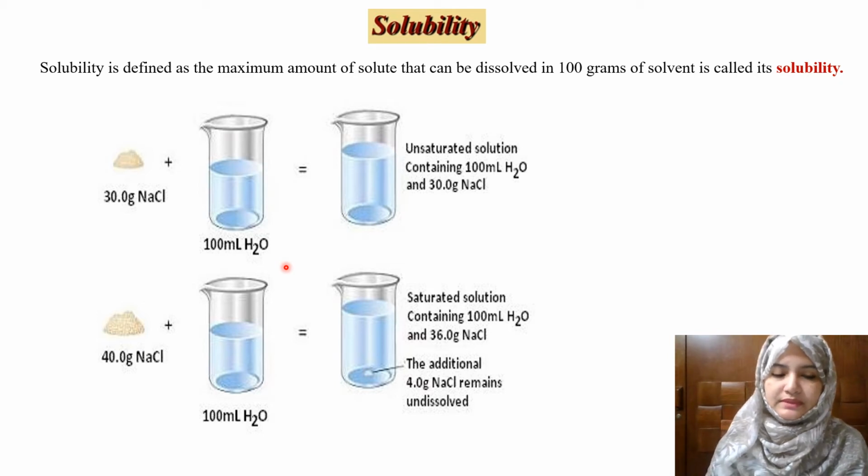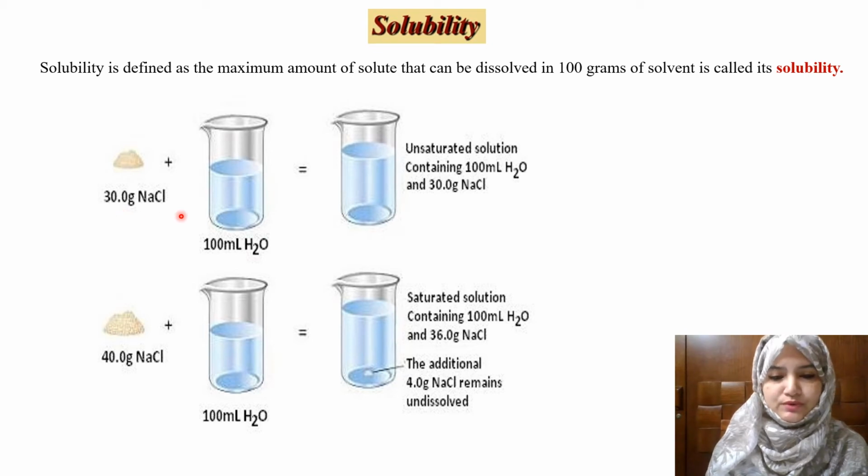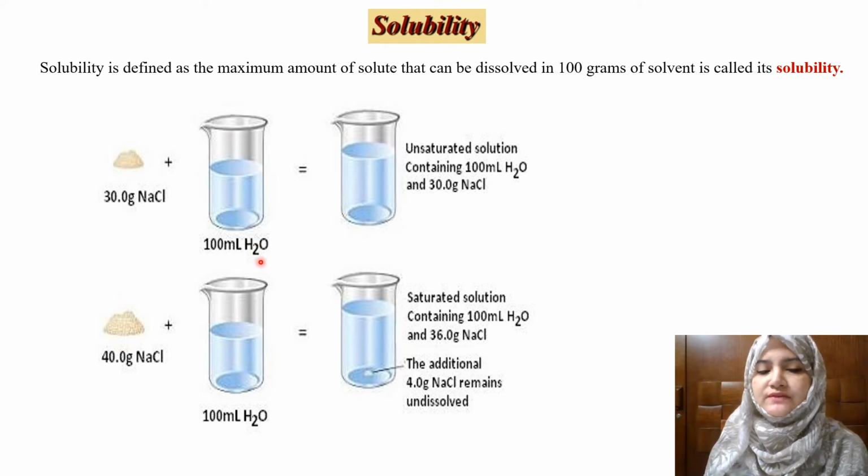In 100 ml water or 100 gram water, we add 30 grams sodium chloride. If the solid sodium chloride is 30 gram and the solvent is 100 gram or 100 ml, then it makes an unsaturated solution containing 100 gram water.